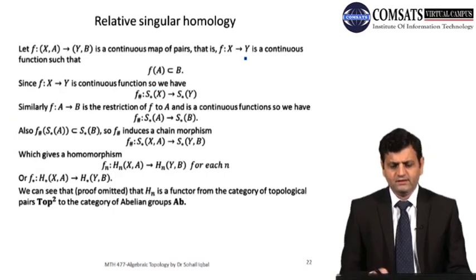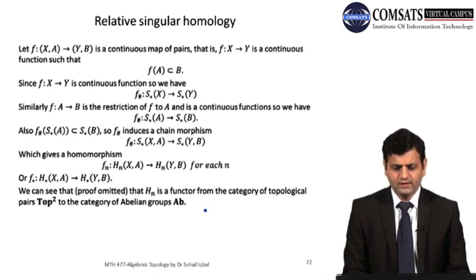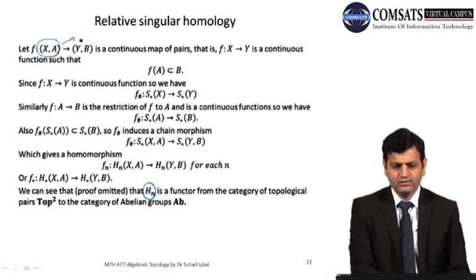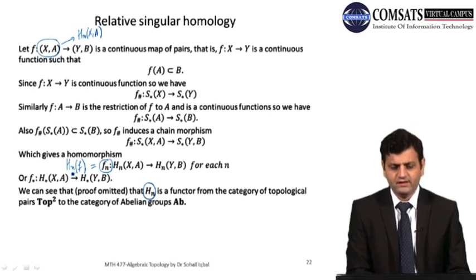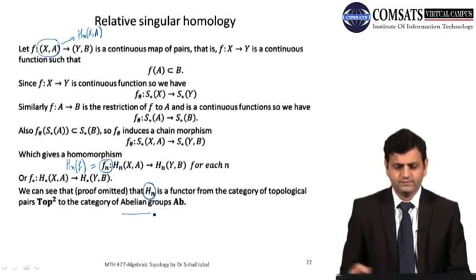So we have this functor Hn, which will take a topological pair X A and give me groups, and if there is a continuous function between X A and Y B, then it will give me this function, which I can consider as the image of f under this Hn for fixed n. So we basically have a functor from the category of topological pairs to the category of abelian groups.